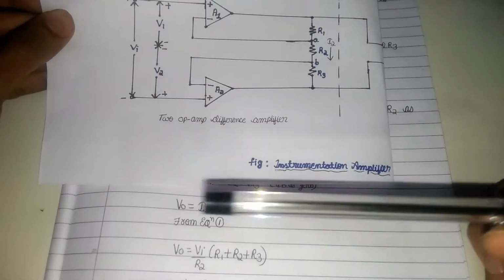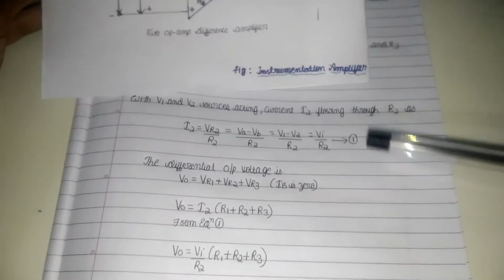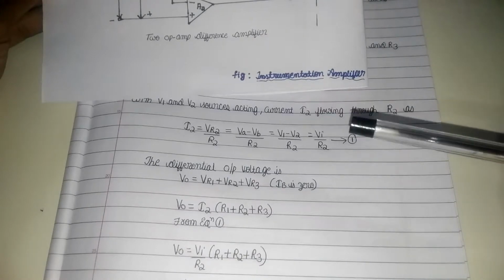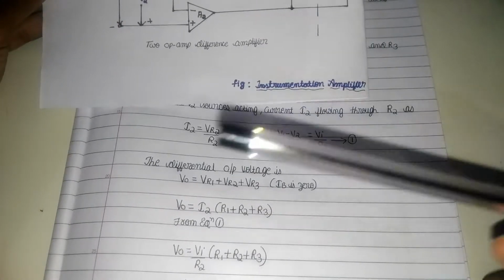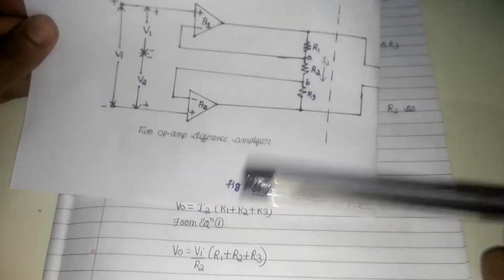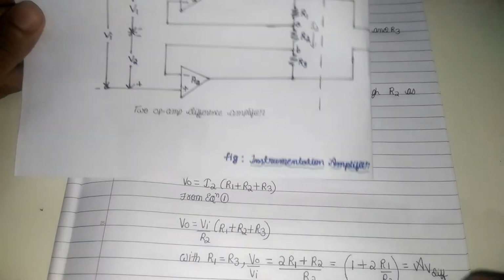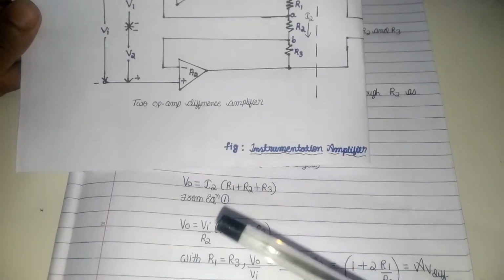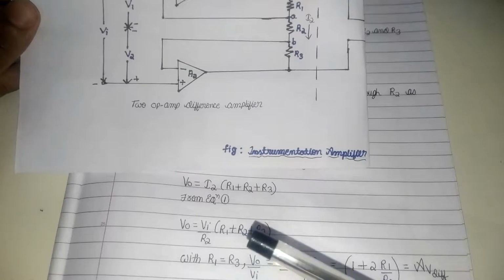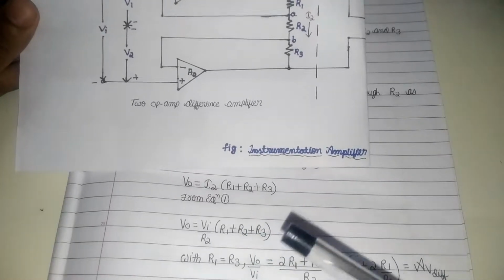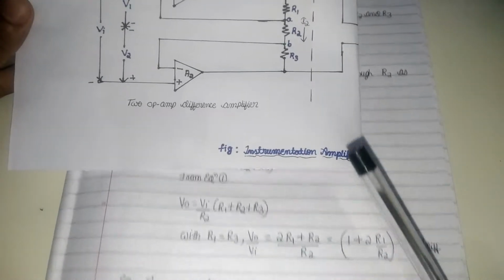That will give me the output voltage. From equation 1 we know that I2 is equal to Vi divided by R2. We can substitute the value of I2, so V0 is equal to Vi divided by R2 into (R1 + R2 + R3).